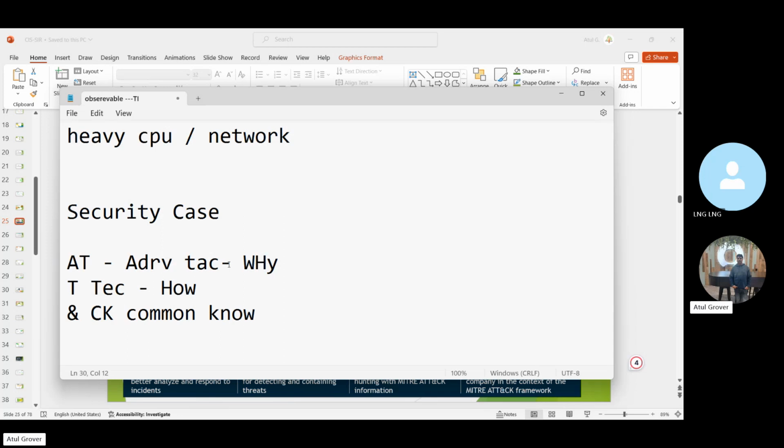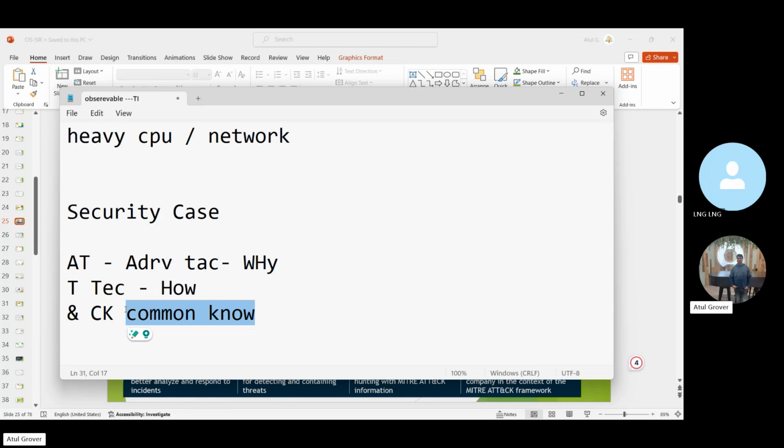Why, to find out the root cause of why this happened, and technique is how I can resolve this. To do why and how, I have common knowledge available with me. Why means why the credential access has been given, or why the initial access has been given, those kinds of things are the tactics. And technique means things like key logging, or credentials in files, those are techniques.